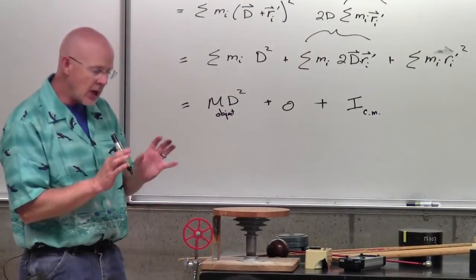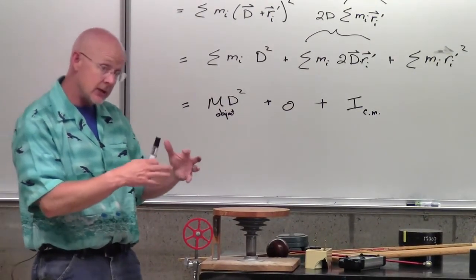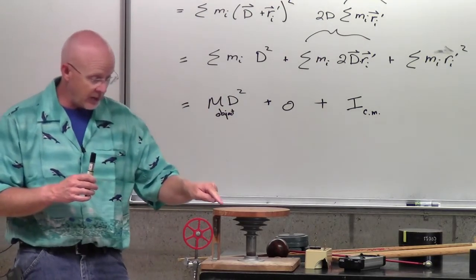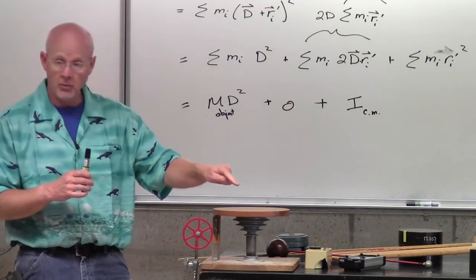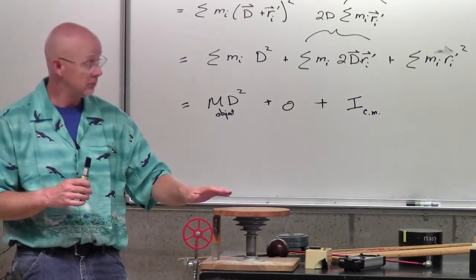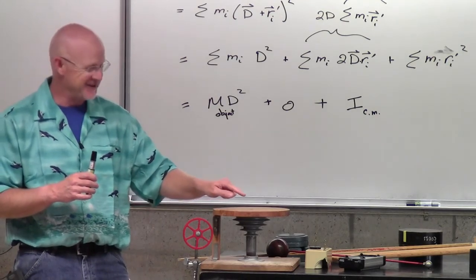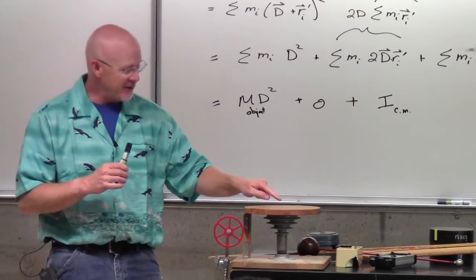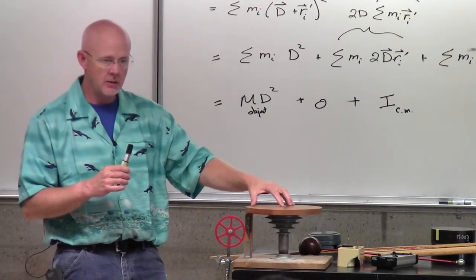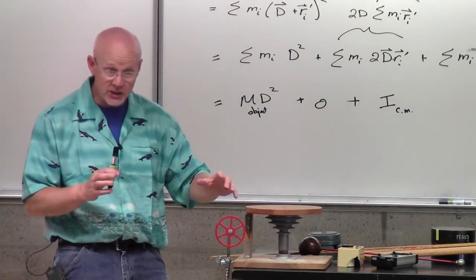But let's talk a little bit more about getting it to rotate. I mean, to get it to rotate, I would have to push on it, right? Uh-oh. Something broke. But where I push, does it matter? How I push, does it matter?